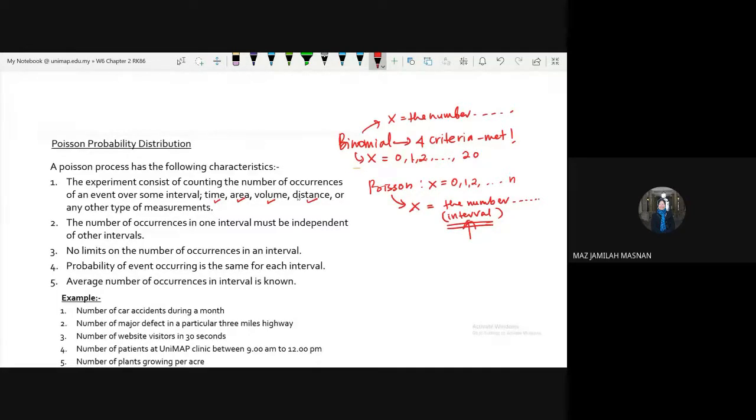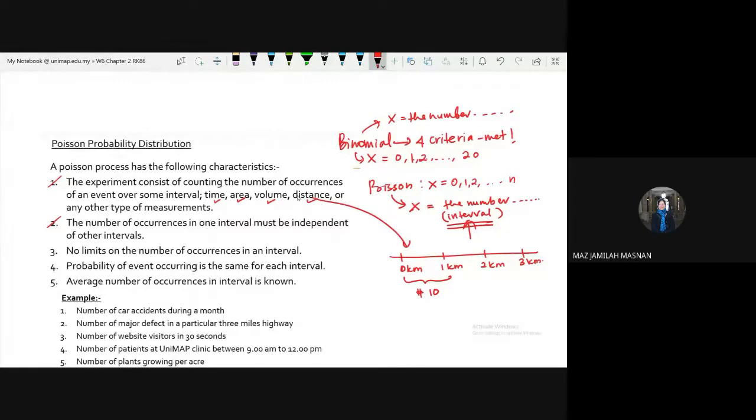The number of occurrences in one interval must be independent of other intervals. Let's say we are talking about distance: 0 km, 1 km, 2 km, 3 km. If we are talking about the number from interval to interval, let's say 10 buses pass through, the number of buses is not suitable.